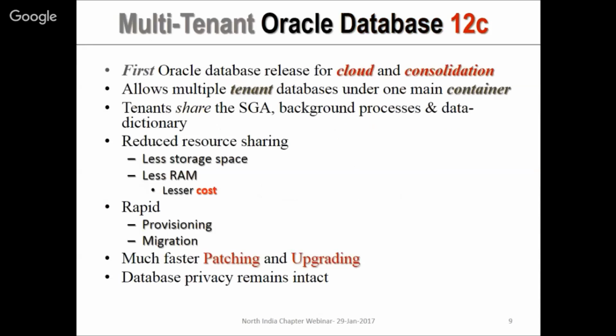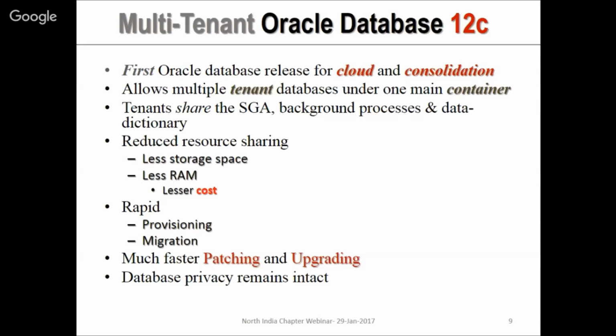So multi-tenancy is basically a database which is released for the cloud as well as for consolidation. Of course, what we are going to have in this database is a total change in the database architecture. We are going to have one big database which is going to be called a container, and the rest of the databases are going to serve as tenants to that container.